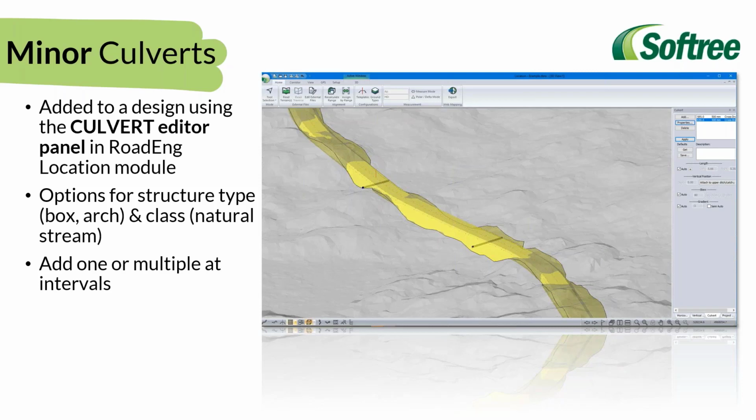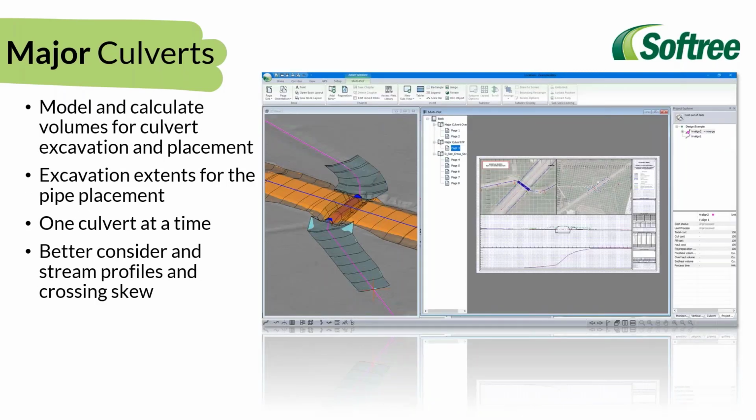It includes options for structure type, if it's a box culvert, the type of class, so if it's a natural stream, as well as options for the length, vertical position, skew, and gradient. All of that can be configured, and you're able to add these one at a time, or you can add multiple through an interval approach. This is a much more simplified approach to culverts as compared to major culverts.